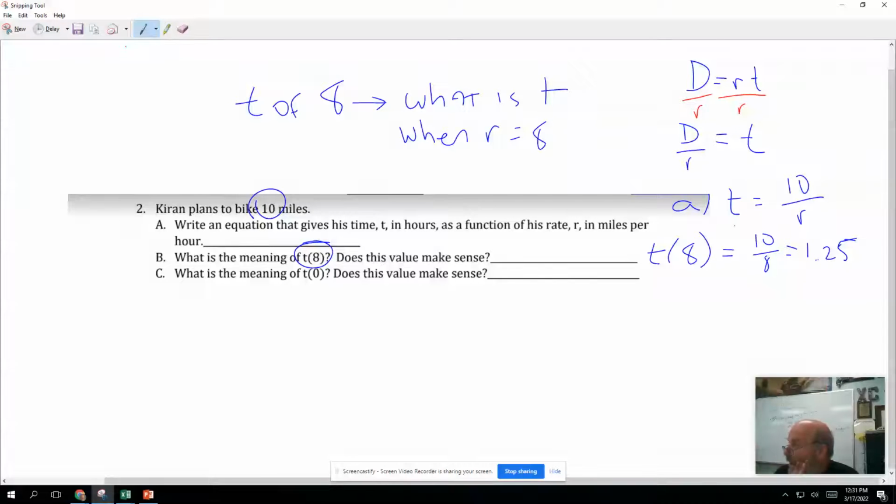That's hours, because we did miles per hour, right? We're going 10 miles, so that would be 1.25 hours. Does that make sense? It makes sense, because if you rode 8 miles an hour, you'd go 10 miles in 1.25 hours. So yes, it makes sense. That's part B.